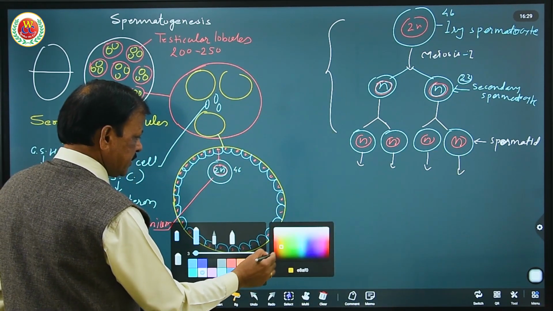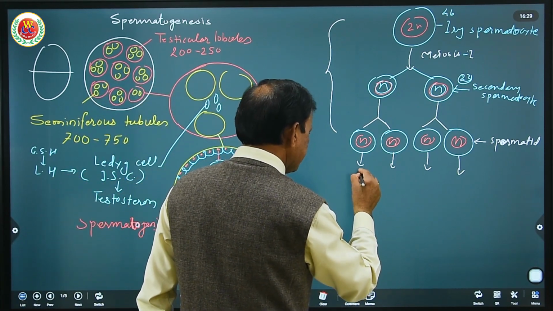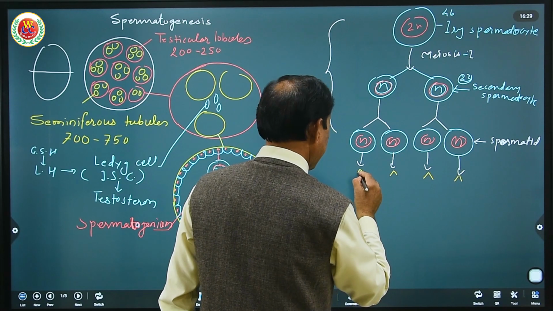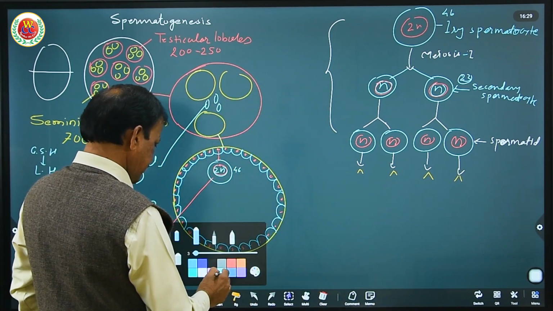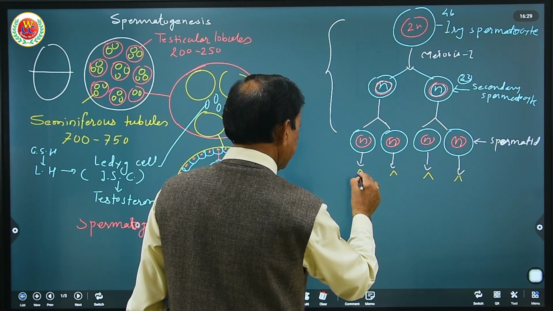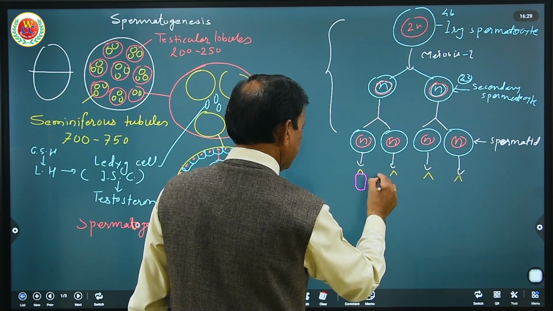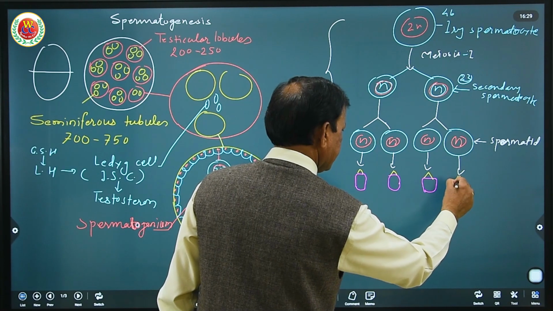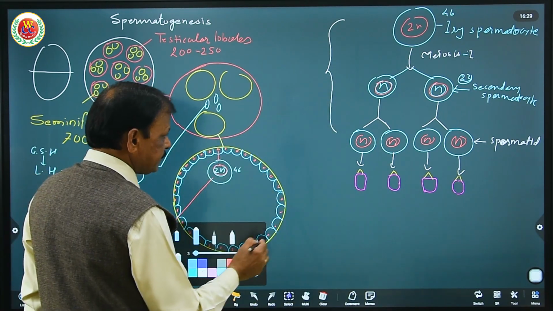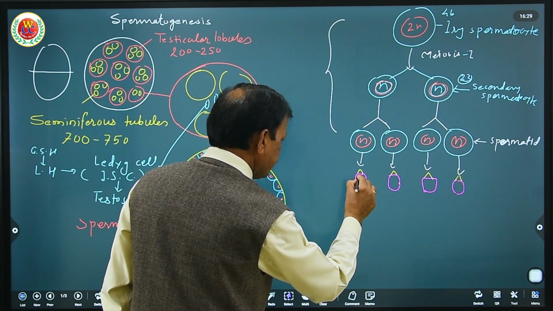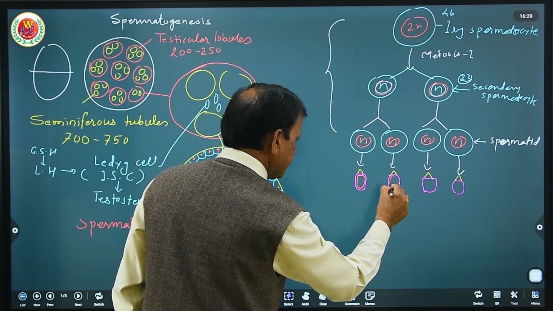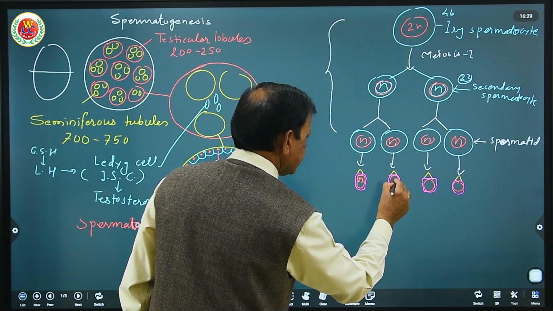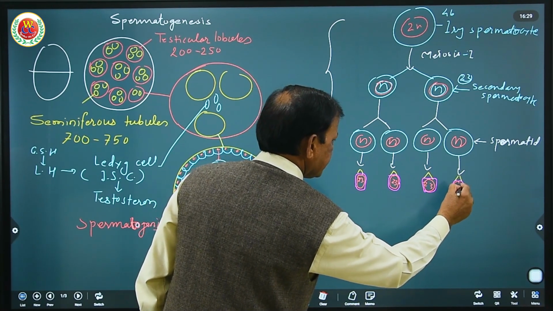What is a spermatozoon? It has a triangular head with the acrosome, and a nucleus having scanty cytoplasm and 23 chromosomes, because it is haploid.